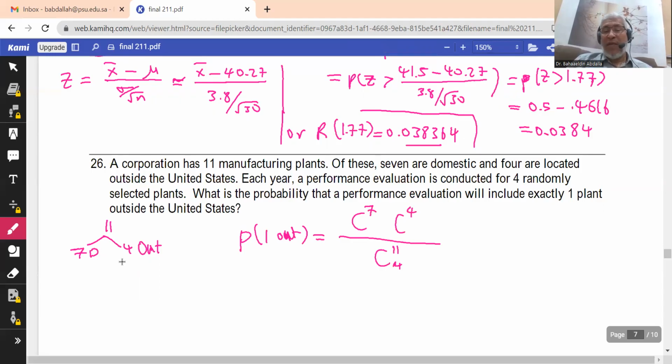We need the probability that exactly 1 is outside. So 1 from the outside, I need to choose 4, so 3 would be from the domestic. You put it in the calculator and find the answer. The answer would be 14/33, or if you write it as a decimal, 0.424.